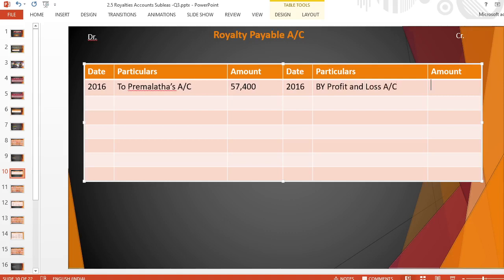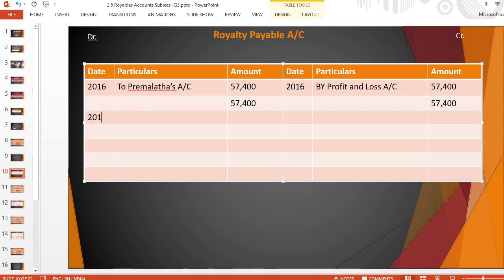For that reason, the entire balance is transferred to profit and loss account. No need to pass one more adjusting entry from royalty receivable account. The entire balance is transferred to profit and loss account. 57,400 on the debit side and 57,400 on the credit side.